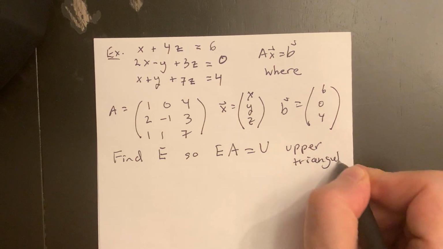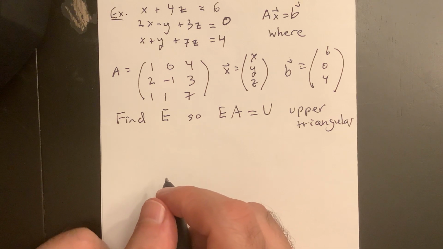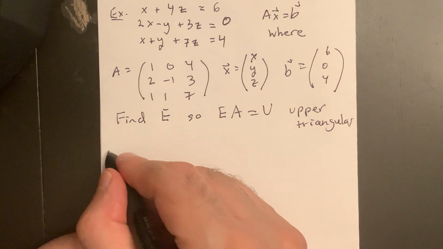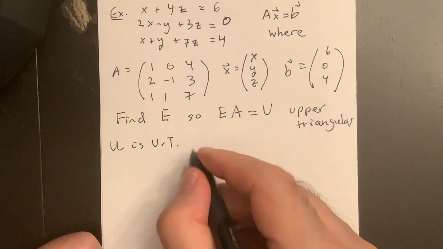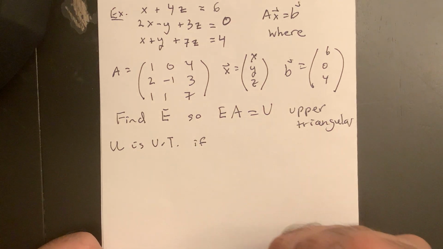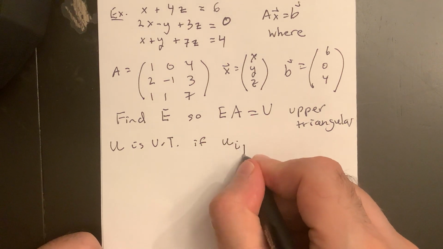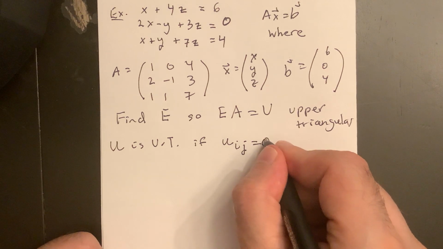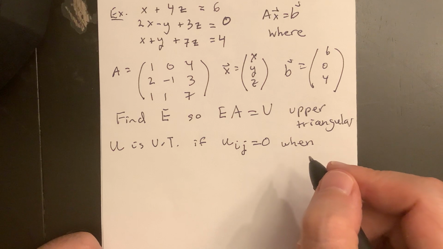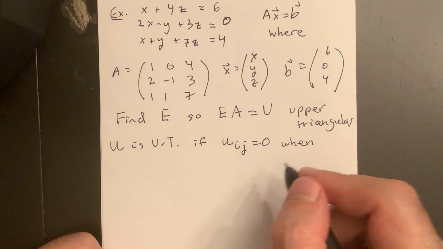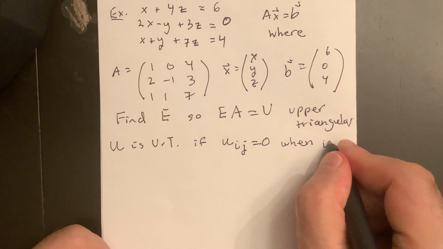And by this we mean, what do you think the definition of upper triangular means? U is upper triangular means that if any entry below the main diagonal, so Uij equals 0 when the row is bigger than the column, so when i is greater than j.